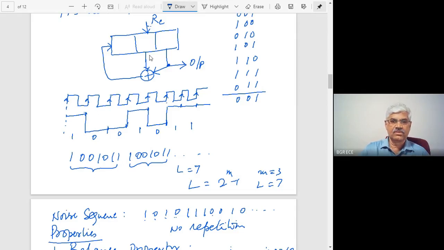A lot of research has gone into this field: if the length of the shift register is very large, how many such feedback combinations will result in a sequence which has all the randomness properties. Now, in this case, length is equal to 7. There are only 2 sequences which are possible.